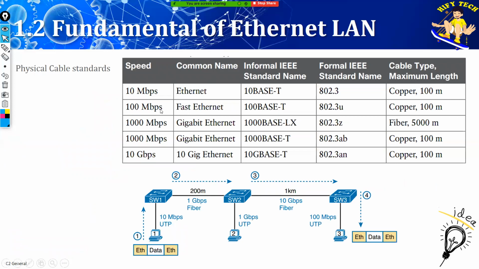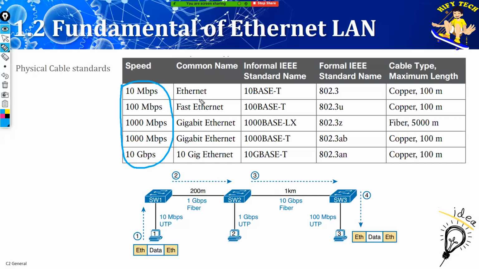Here in this diagram, we will discuss different cabling standards. The first column tells the speed of the media, the speed of the cable. For example, 10 MB, 100 MB, 1 gig, 10 gig, and it supports 100 gig as well.